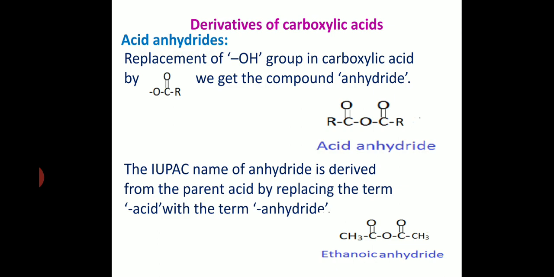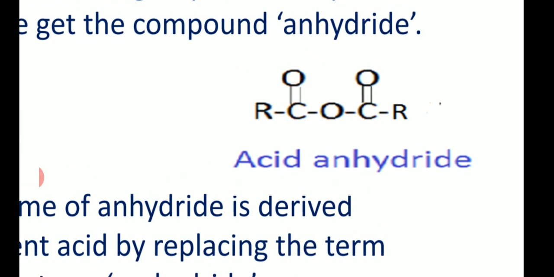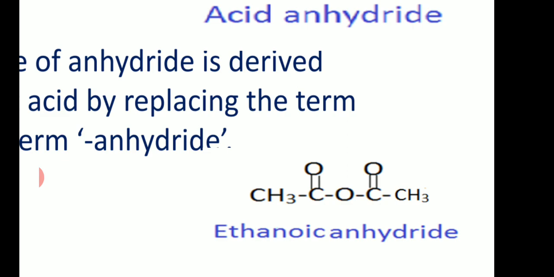In that parent acid's name, by replacing the term acid with the term anhydride, we get the name of the anhydride. And the general formula of acid anhydrides is RC double bond O, C double bond O, R. And example is ethanoic anhydride.